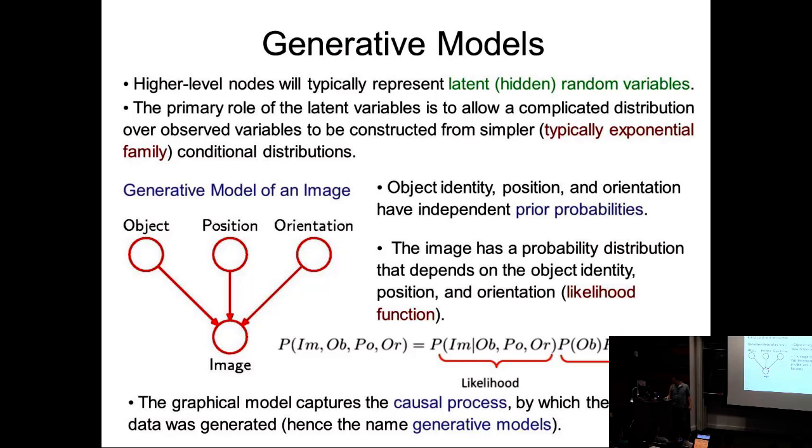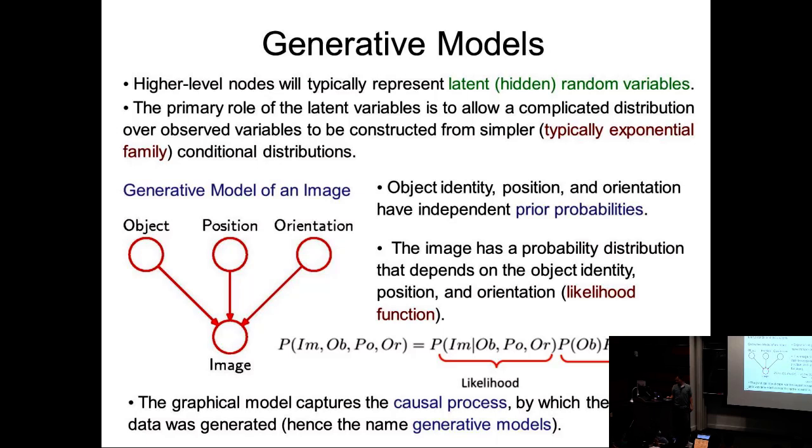So the image has a probability distribution that depends on the object identity, position, and orientation, and this will be the likelihood term. So if I want to specify the joint distribution over all of these random variables, I can say, well, there is a likelihood term, which is the distribution of an image, or pixels in the image, conditioned on the object's position and orientation, times the prior terms, right?